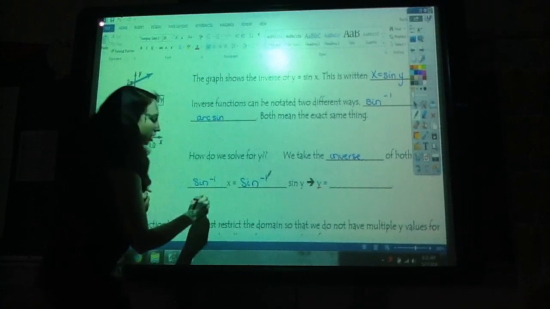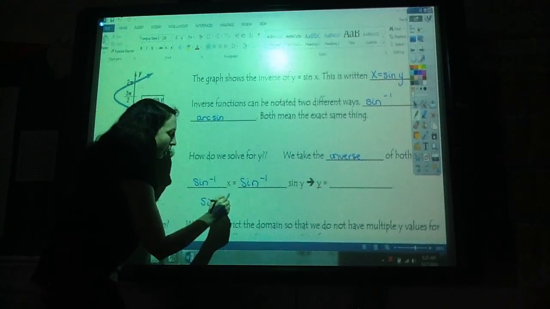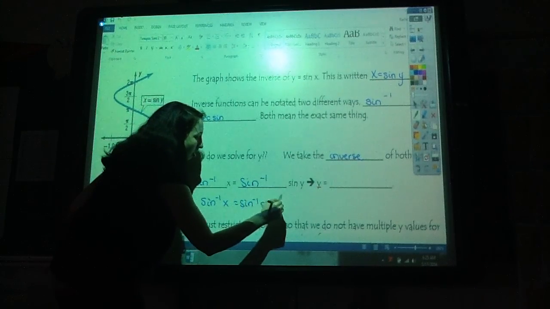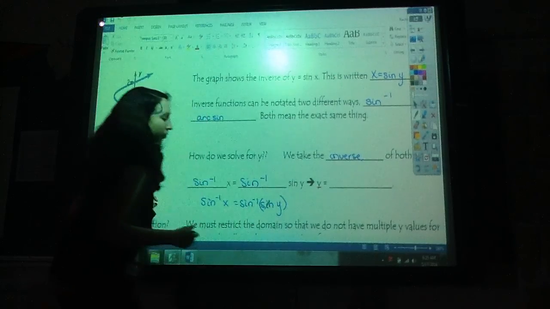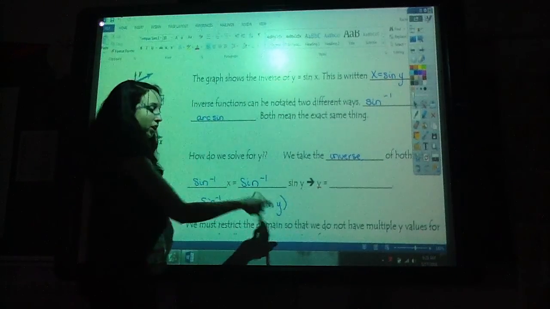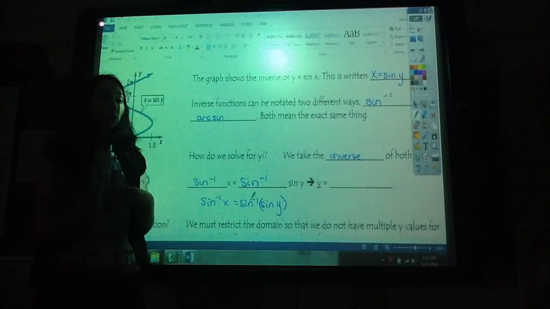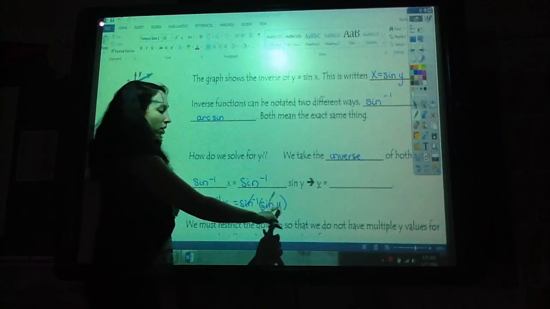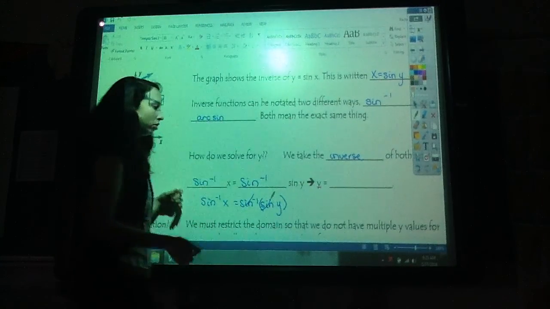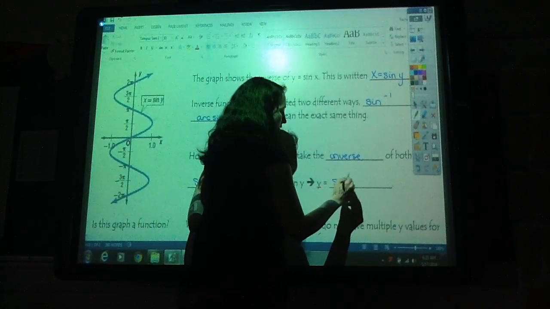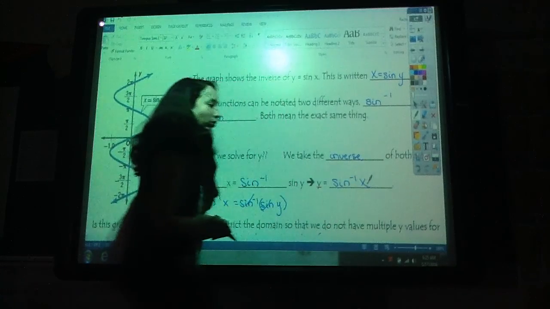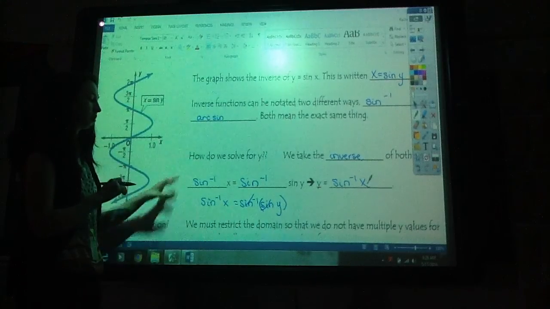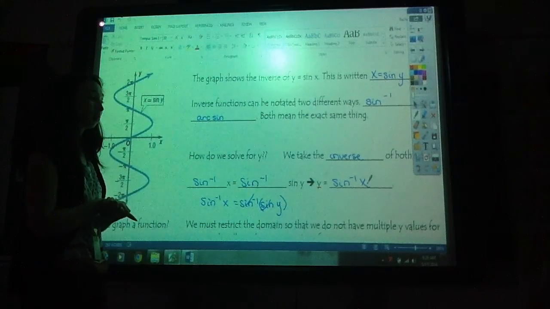Now, the great thing about inverse sine of the sine is those undo each other. That's like squaring the square root. These are gone. So now I just have y equals inverse sine of x. So that is how we're going to get into each one of these shapes with the inverse sine going on.